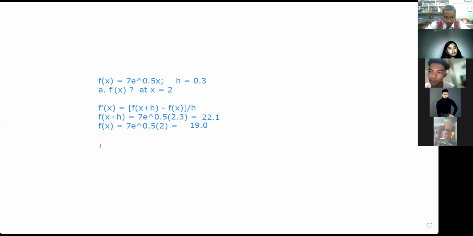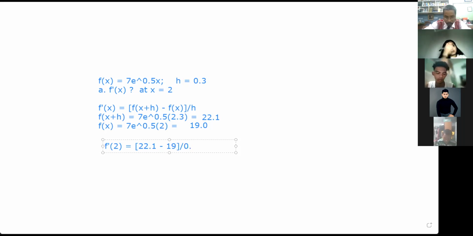Therefore, we can now find the value of f'(x) at 2. The numerator is 22.1 minus 19, divided by h, which is 0.3.